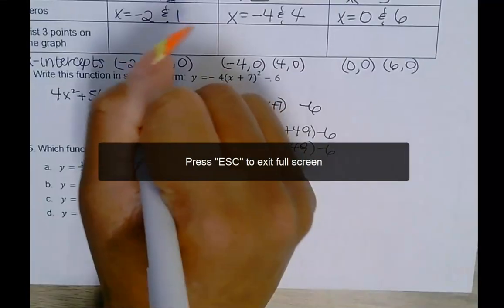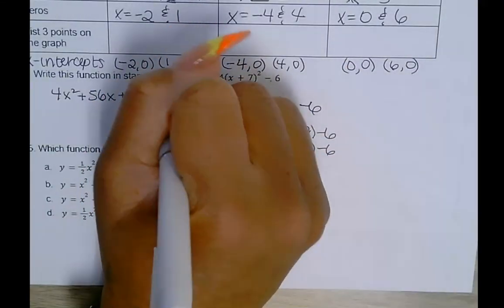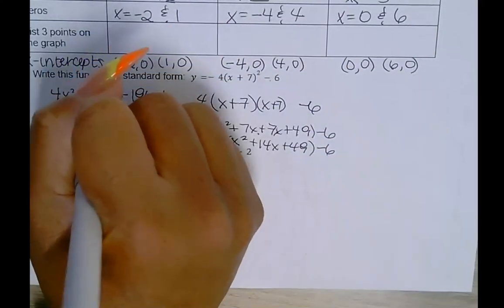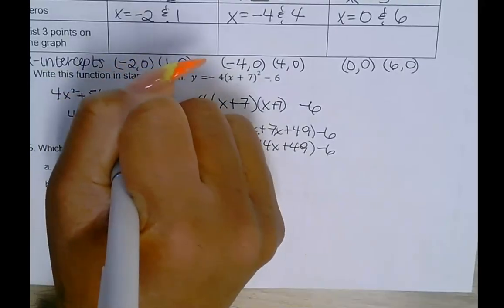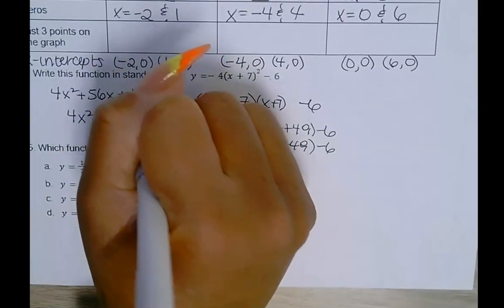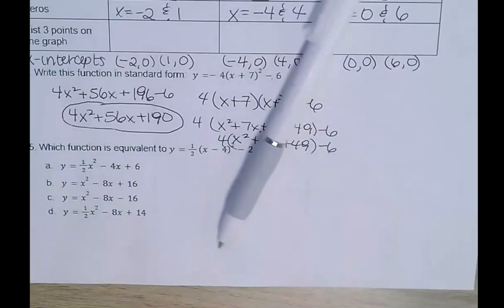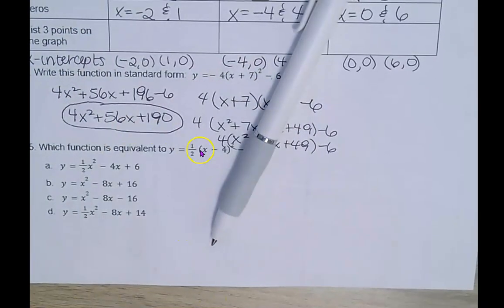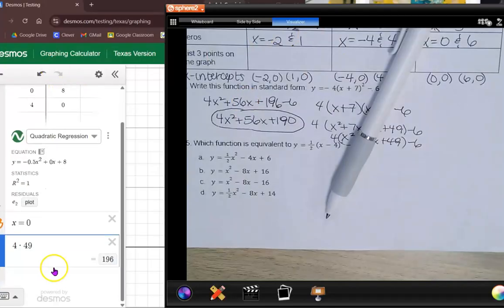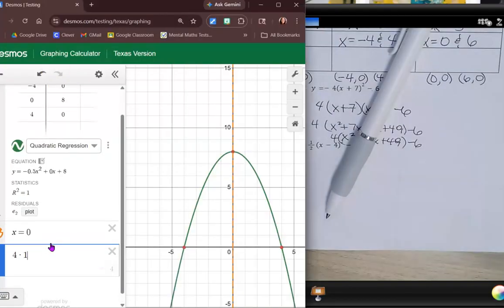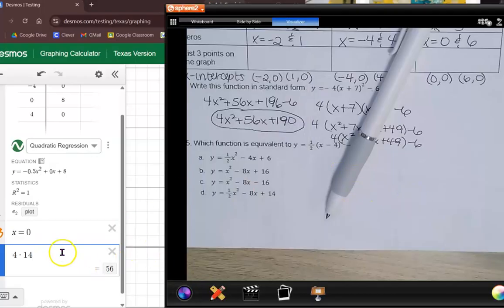Plus 196, and then minus 6 becomes 4x squared plus 56x plus 190. Let me double check my math for 14 times 4. I think that's correct. It is.